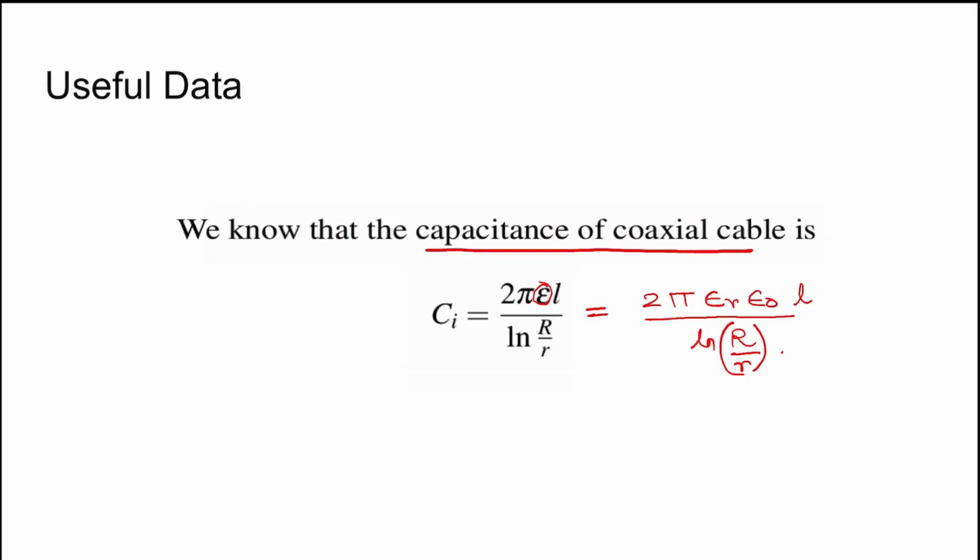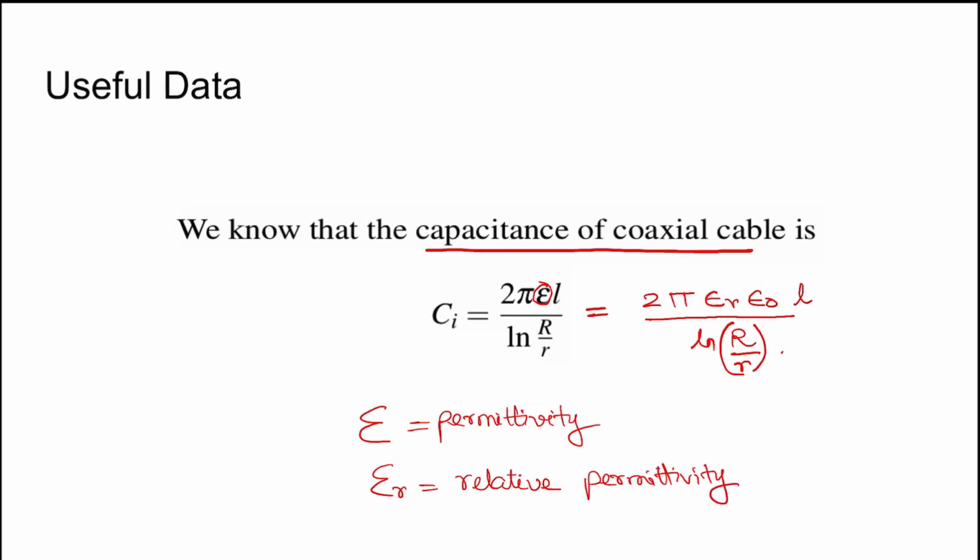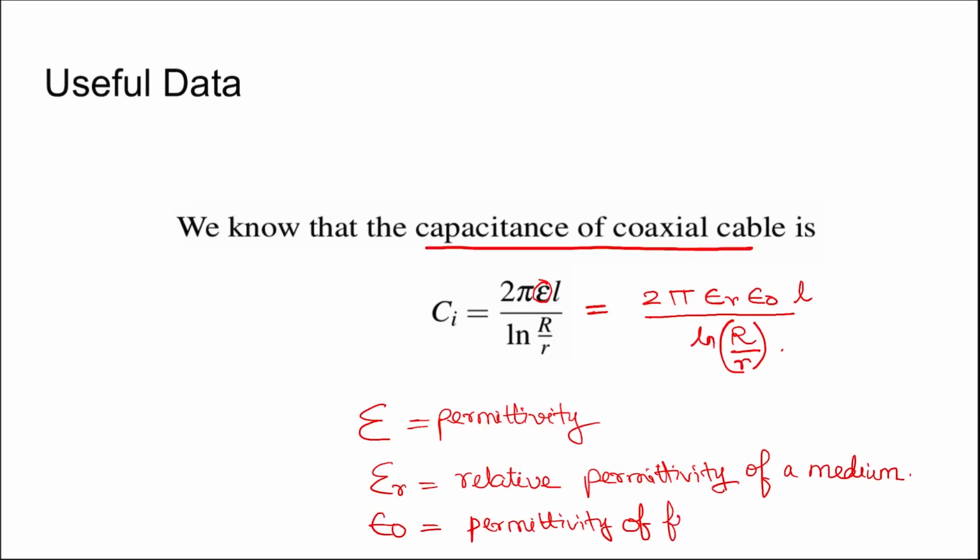We need to remember epsilon naught is the permittivity of free space or vacuum, and epsilon R is the relative permittivity of any medium. So now we are given this useful data, and using this we will be able to solve the question.